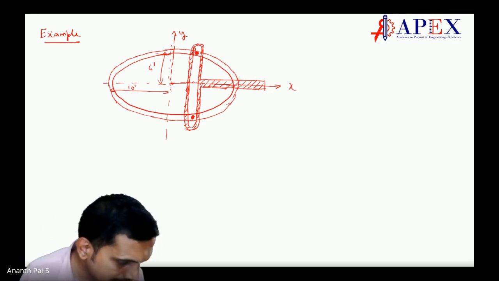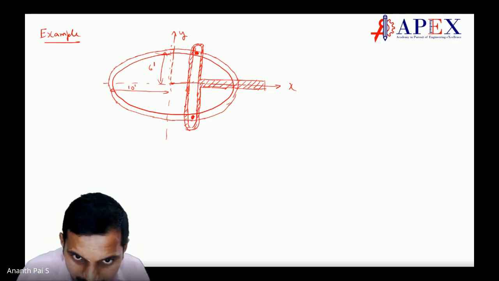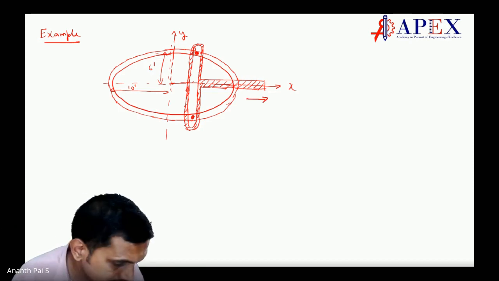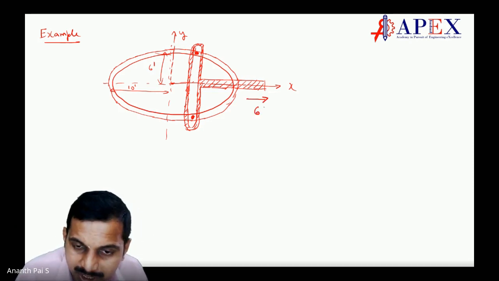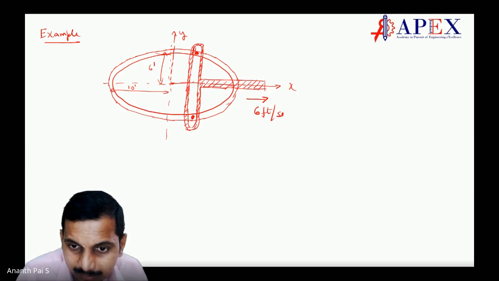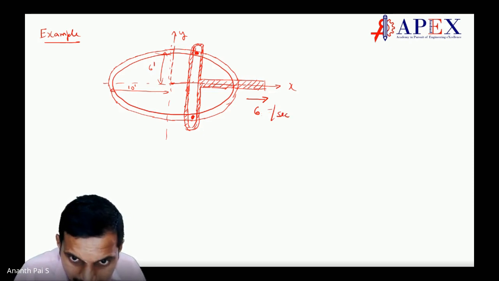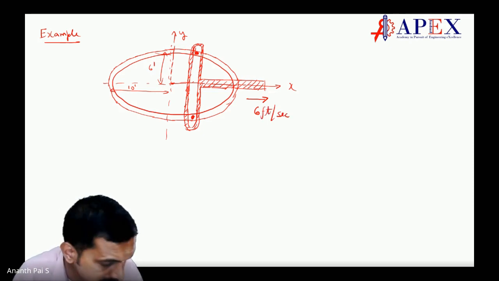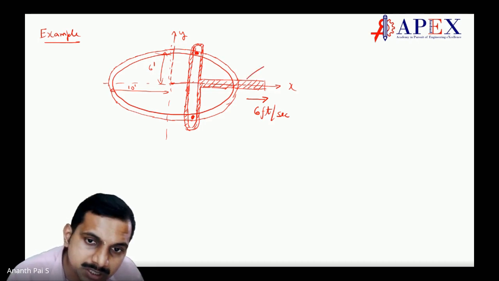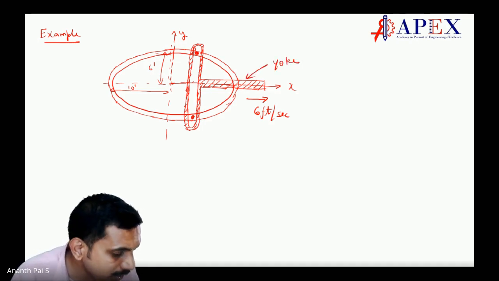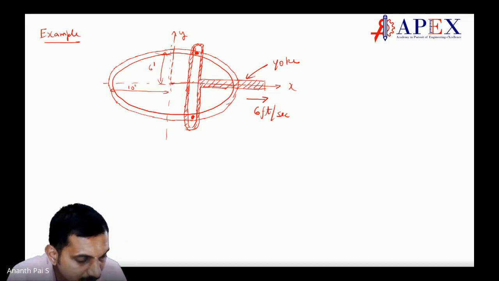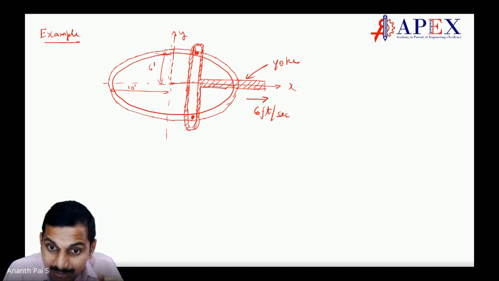Now this yoke is moving in this direction with a speed of 6 feet per second. This is the yoke, and the yoke is moving with 6 feet per second.